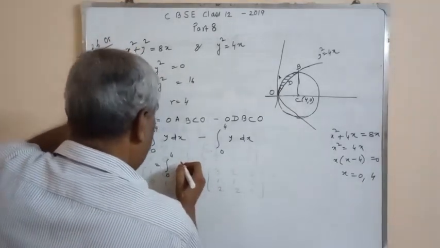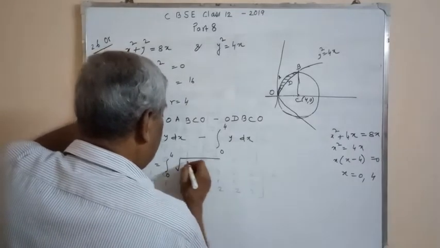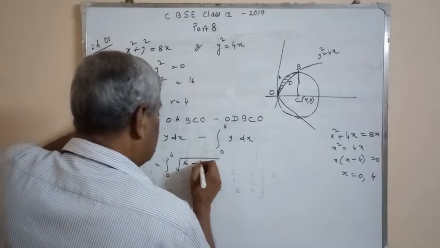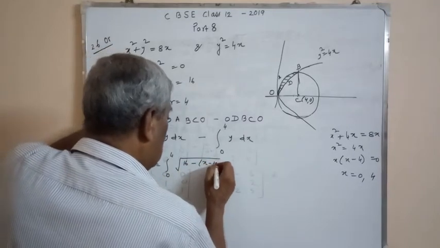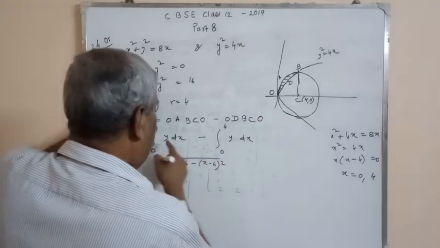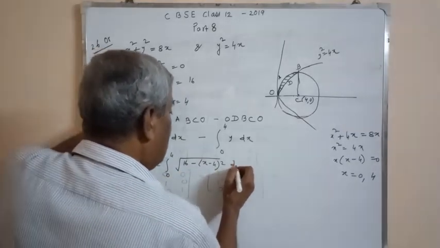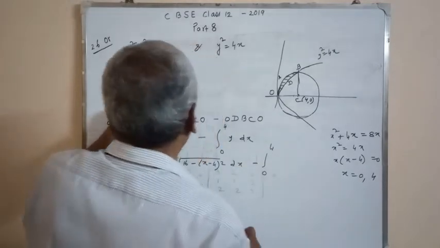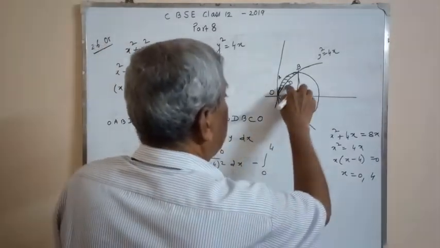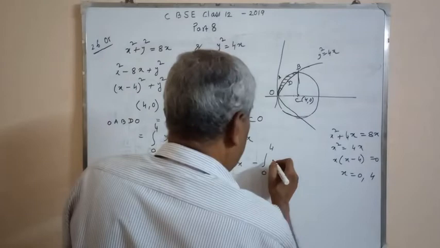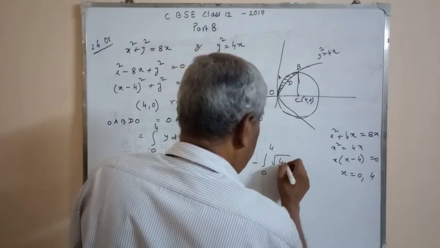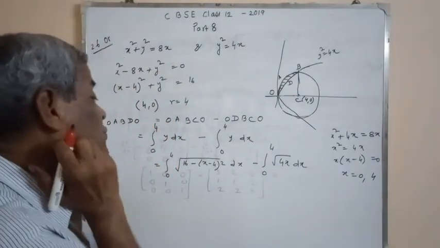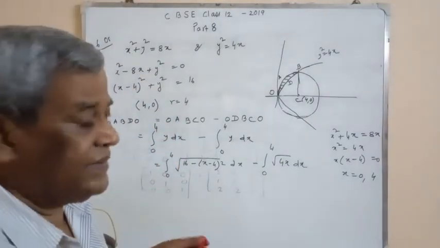It is equal to y is root over of 16 minus (x minus 4) whole square, y dx, minus the integral from 0 to 4 of y dx. Y comes from there, that is root over of 4x, dx. Now simply we have to integrate these two, put the limits and get the result.